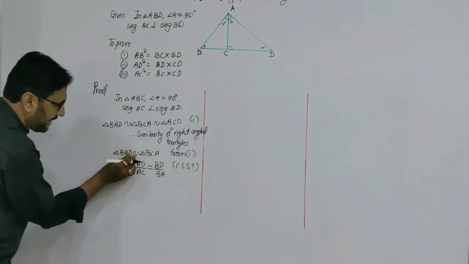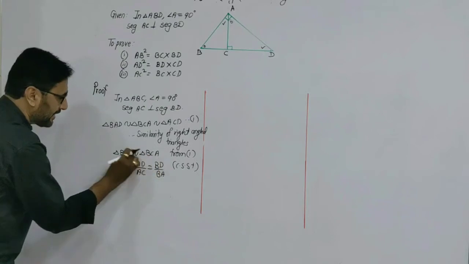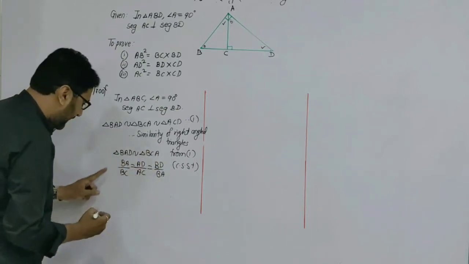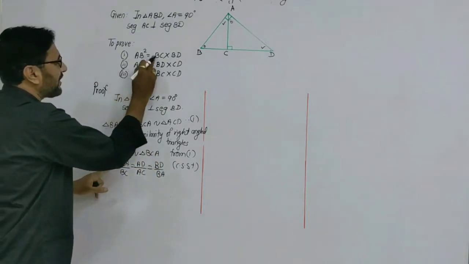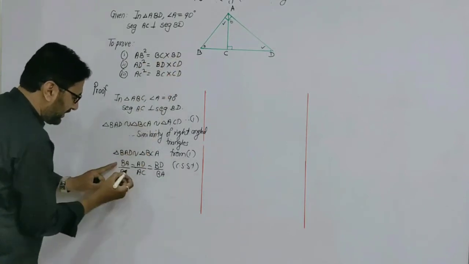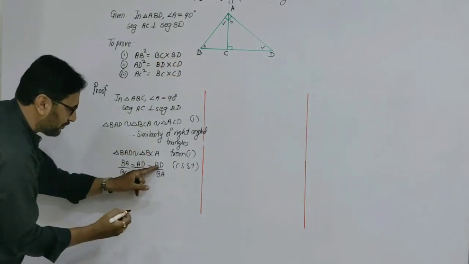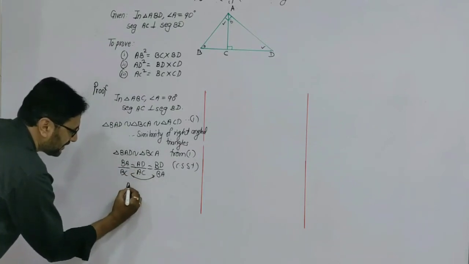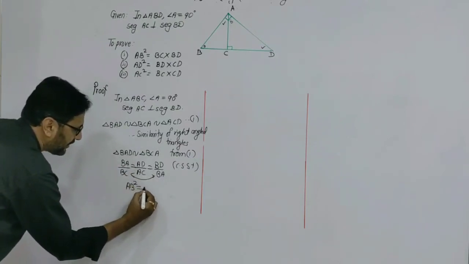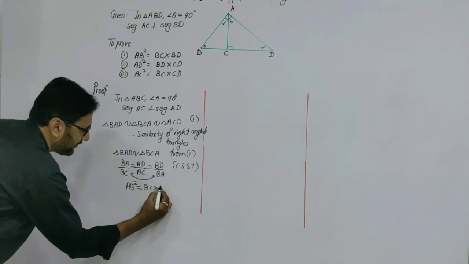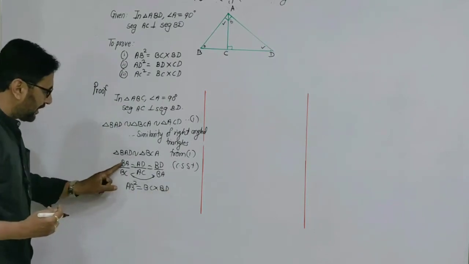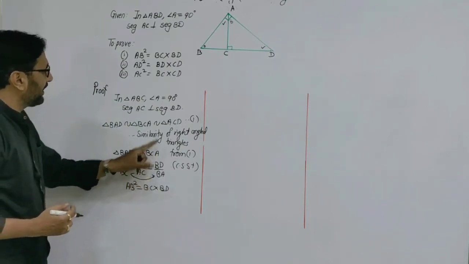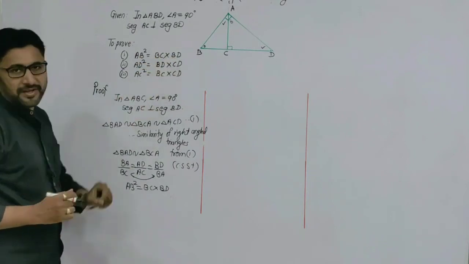Now we need AB square is equal to BC into BD. So take these two ratios and do cross multiplication. You will get AB square is equal to BC into BD.